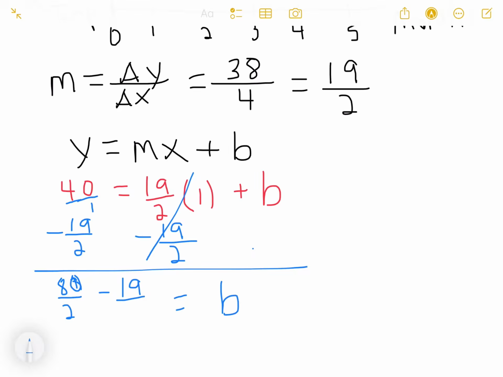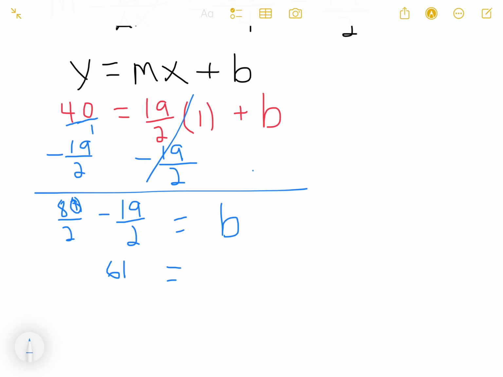What's 80 minus 19? It's almost 80 minus 20, but it's not, so 61 over 2. So about 38 degrees.